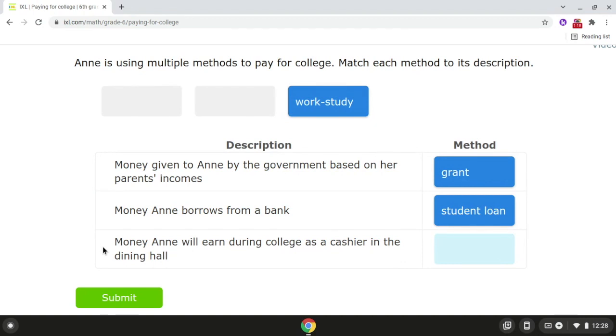This type of method is a work-study method. Alright, so that is problem number 2. Now we're going to be moving on to problem number 3.